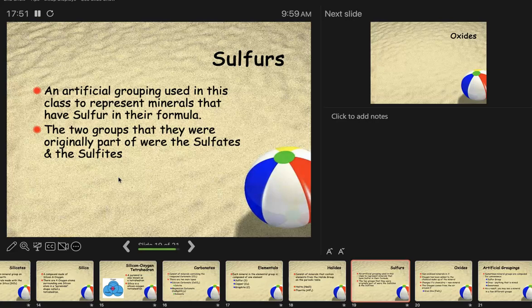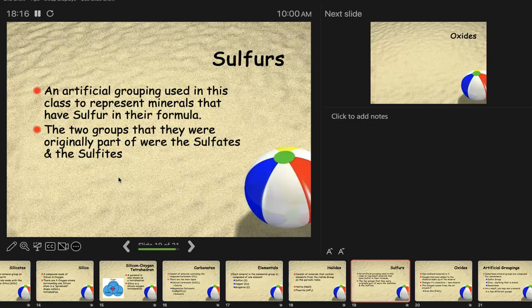Some gemstones are diamonds, and they're significantly different in their origins. Things that we dig up, ores, right? We dig up iron. We dig up salt. Again, significantly different. So we don't like those, with one exception, the sulfur group.